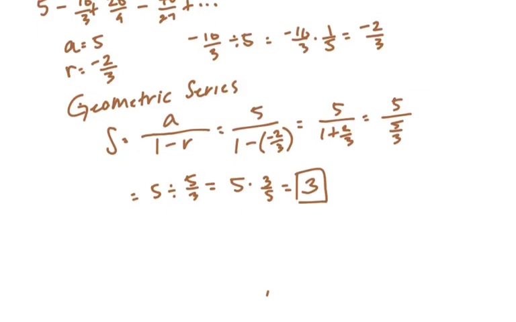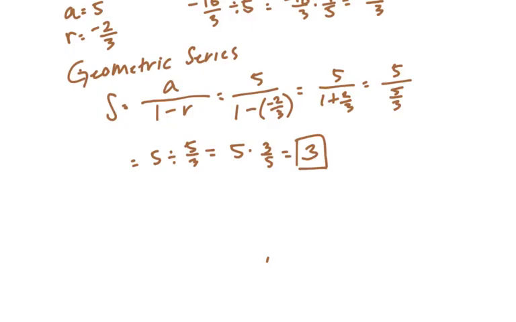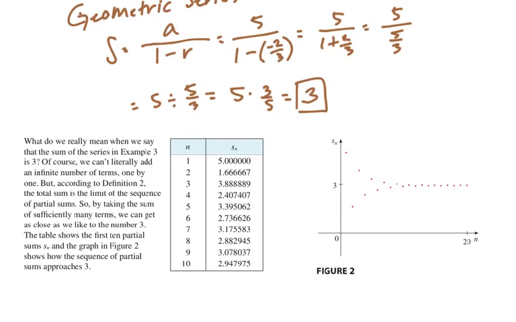So what does it really mean that the sum is 3? That means if I add up all of these terms, I get closer and closer and closer to 3. So consider this. If we were to add up a bunch of sums, you could see that it kind of bounces around. This graph to the right here, this is not the sequence values, this is the sums.